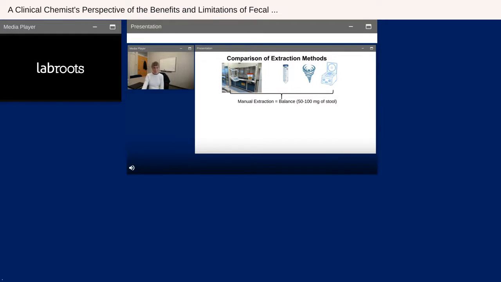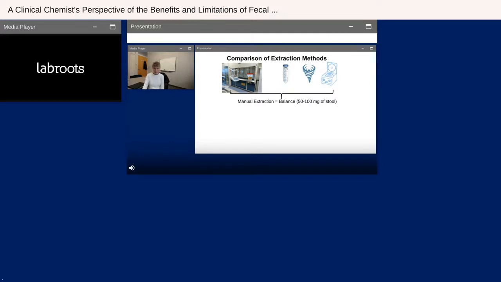The technologist will stir the stool because we like things well homogenized, and then mass out usually about 100 mg of the stool sample, write down that specific mass on the container, and dilute it with an appropriate amount of buffer. That gets rigorously vortexed, and then it often has to undergo a second dilution to be at the appropriate concentration for the assay, and it might need a centrifugation.